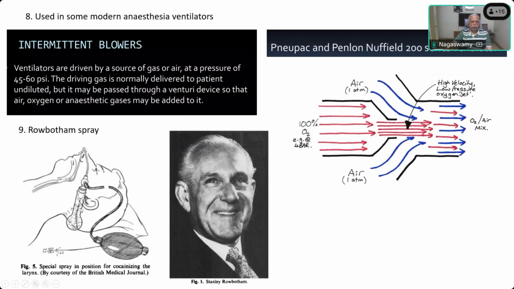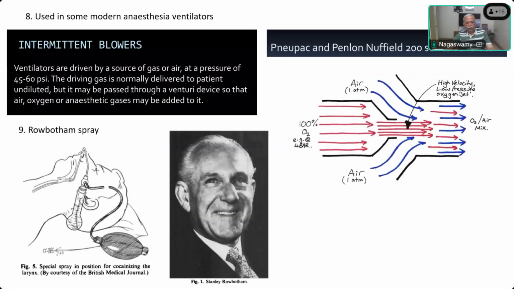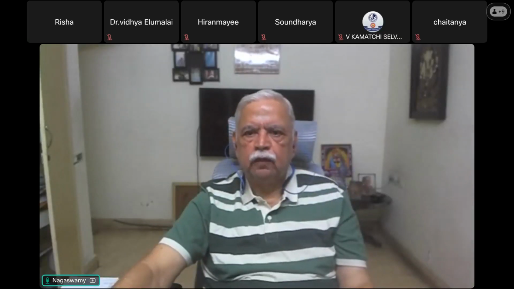This is the container holding the local anesthetic, cocaine, which is activated by the BP bulb, and that creates a positive pressure, and there's a hole here to entrain air, and the whole spray will go to the trachea and anesthetize the patient. So this was one of the things that were done in that period. So that is the thing about Venturi.